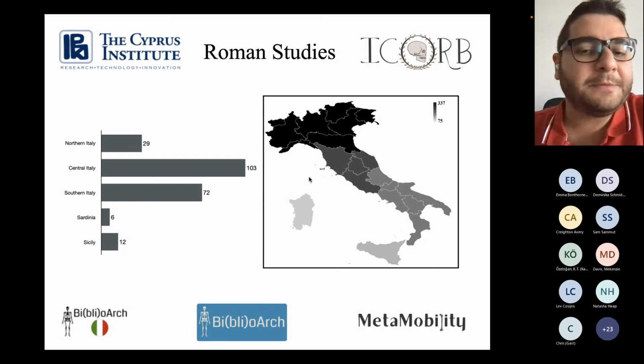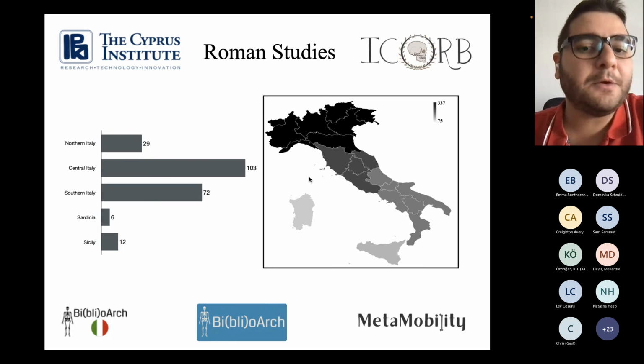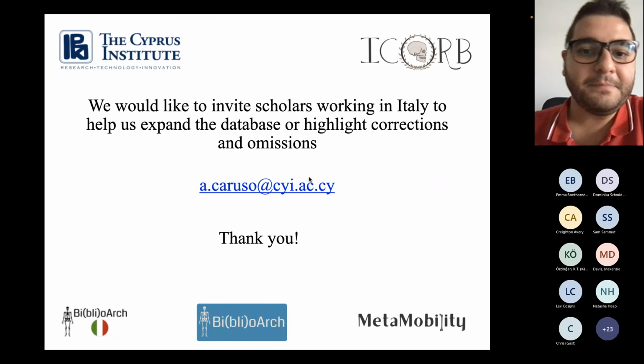And this could be either because perhaps there aren't enough sites outside Central Italy, or maybe it's because there is less interest in investigating the Roman age outside the heart of the Roman Empire, which was Central Italy.